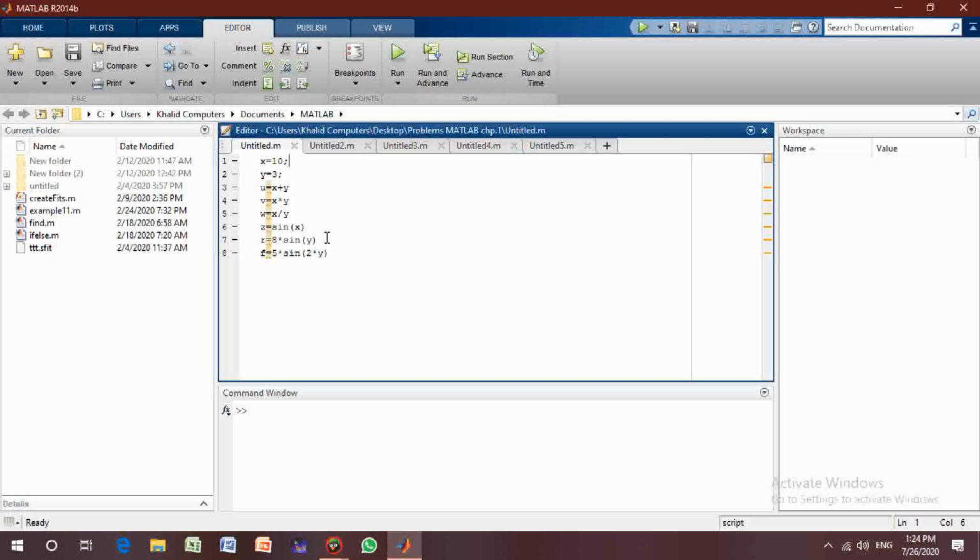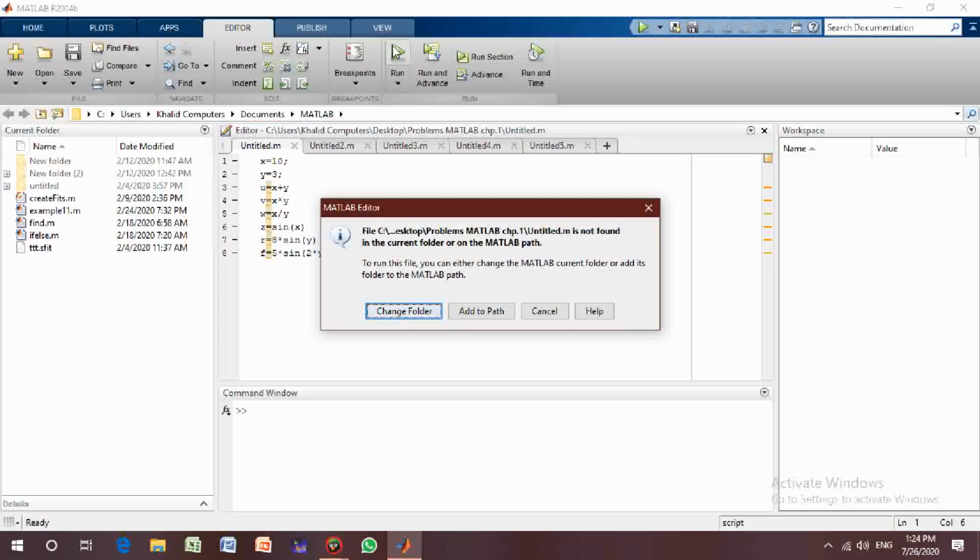If functions are sine or cos or tan, then their angle must be written in brackets. And s is equal to 5 star sin 2 star y. We can check its result.